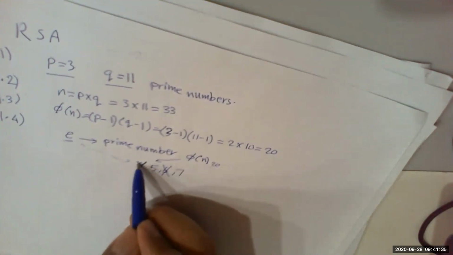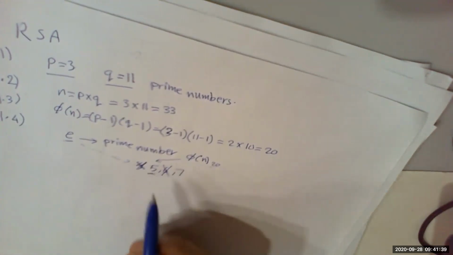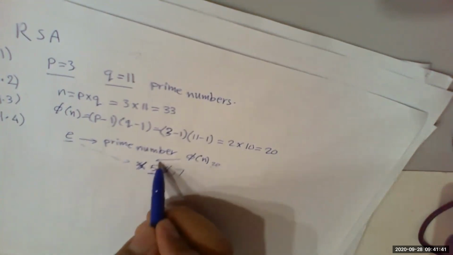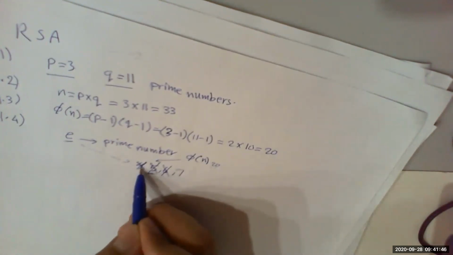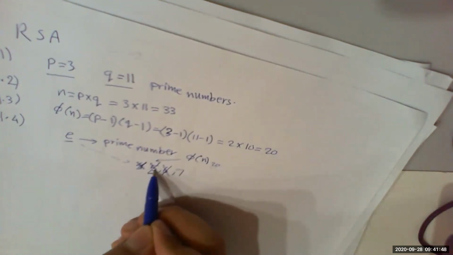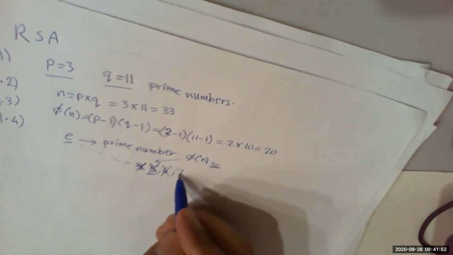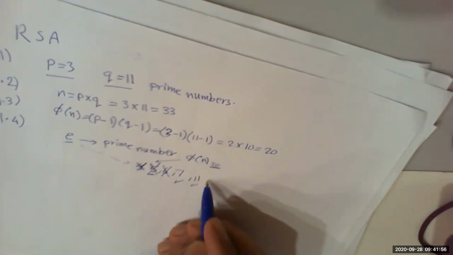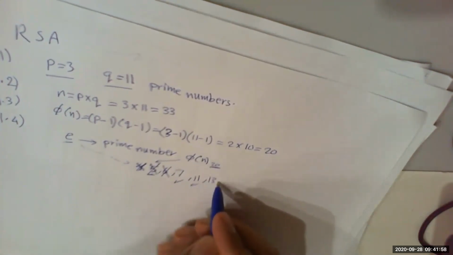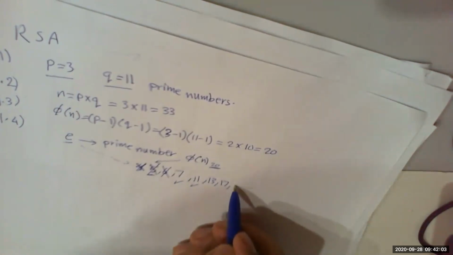And 4 is also not a prime number, so it is not working. 5 is a prime number, but it's not okay because it divides 20. 7 is a good choice, and 11 is also a good choice. 13 is a good choice, 17 is a good choice, and so on, until 19.